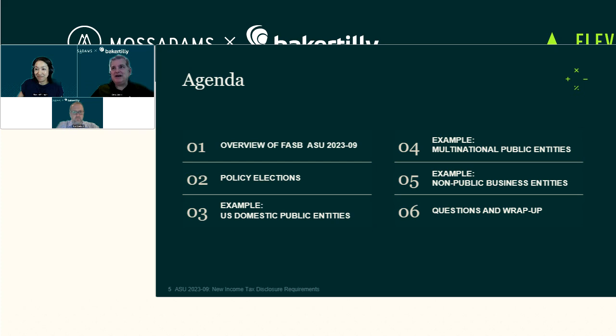So please select your answers, and then we will see what the poll shows. So we got 75% of attendees. Let's see if we can get 100%. Okay, we're at 87%.